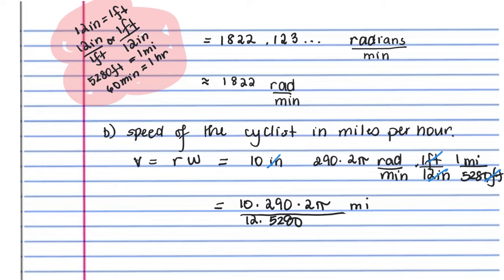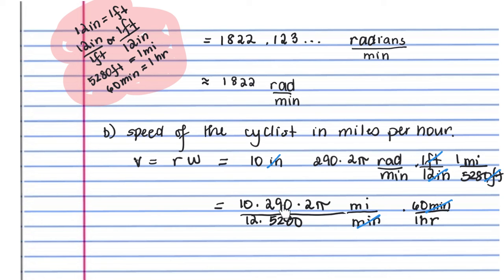So I have miles per minute. So I'm going to multiply by 60 minutes over 1 hour, and that way my minutes will cancel. Woohoo! I've got the right units, miles per hour.